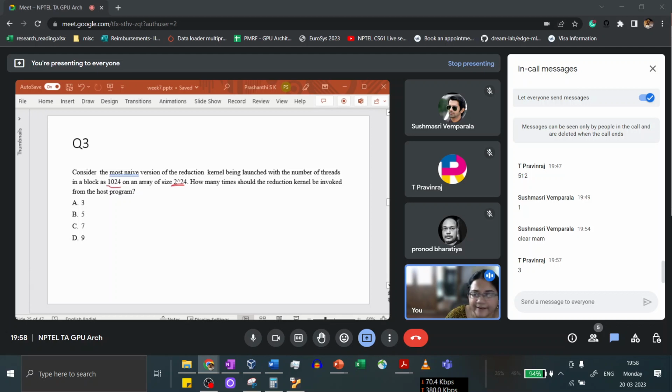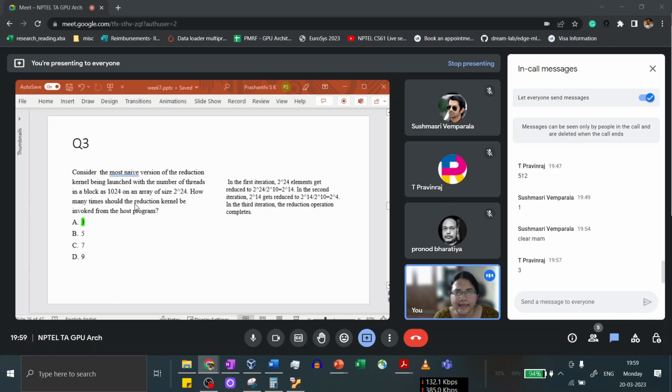Someone is still solving it. I'll just wait for another 10 seconds and then we'll look at the answer. Okay, so it is 3, so that answer was correct.